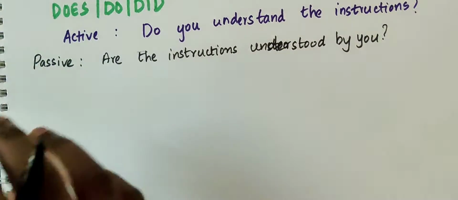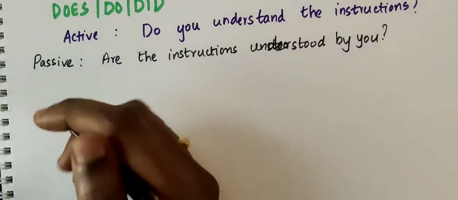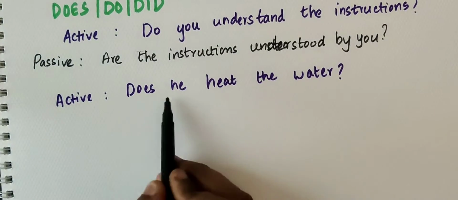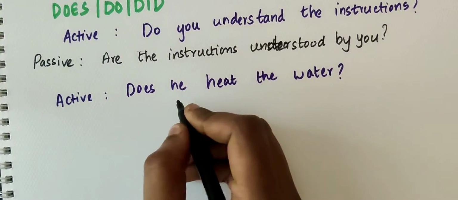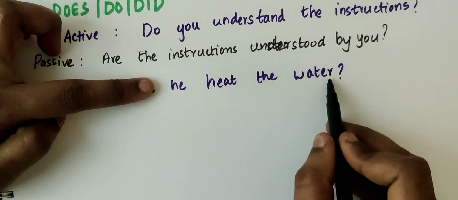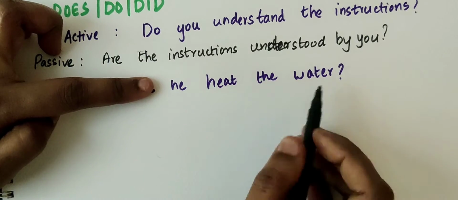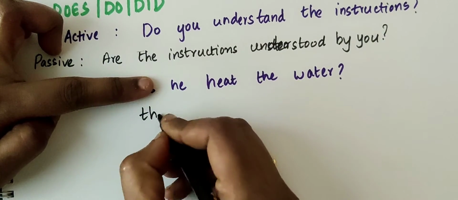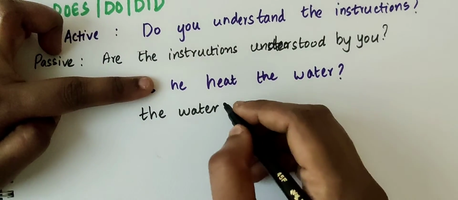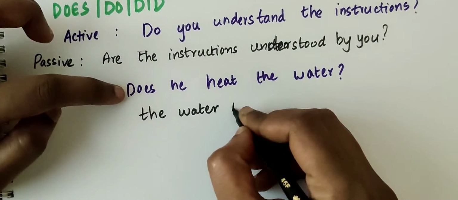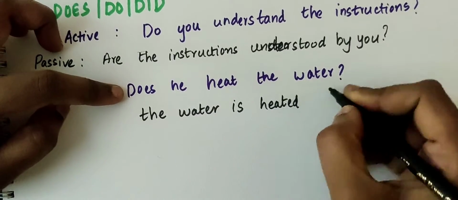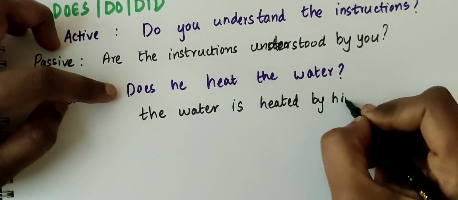Let's look at another example. You will understand better. This is an active voice yes or no question that starts with does. So the first step is just convert this into passive. He heats the water. What will be the passive? The water, as it is present tense, it is only is heated, third form, by him.